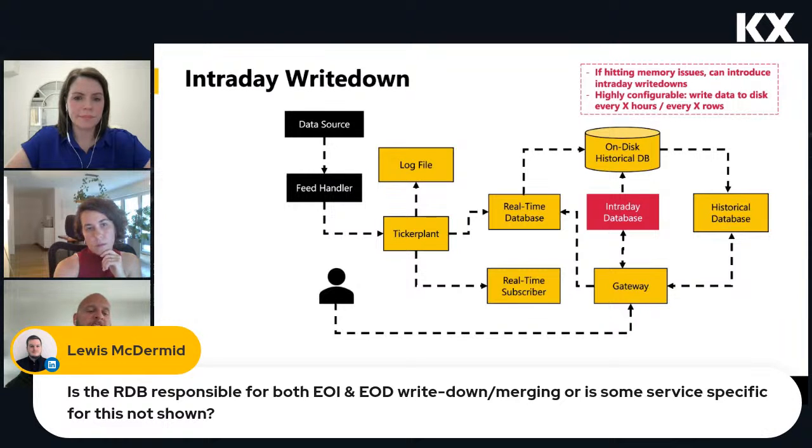Obviously this takes time, depending on the size of the TP log. In the meantime, your real-time database is getting new updates for the next day and storing them in memory. So your general memory footprint is increasing, and you might reach the memory limits of your production box.